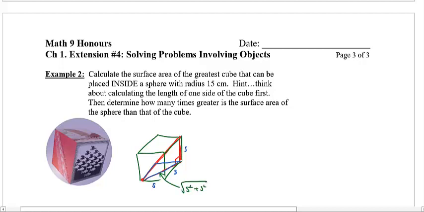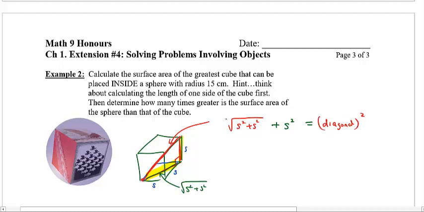But if I wanted to find the larger diagonal, this red one, I would take root S squared plus S squared, that's this piece, and then do this one here, which is another S squared, and that is supposed to be equal to that red line, that diagonal squared.